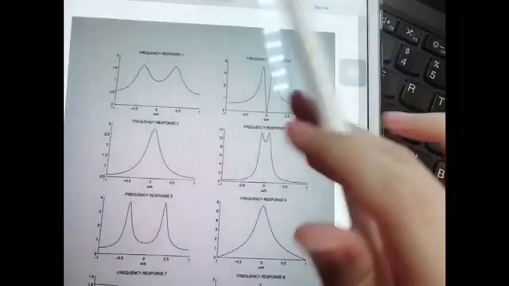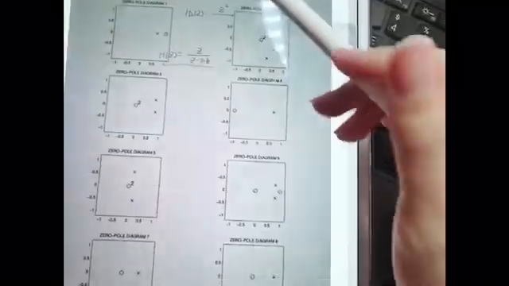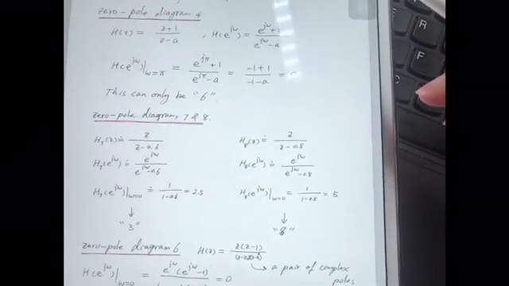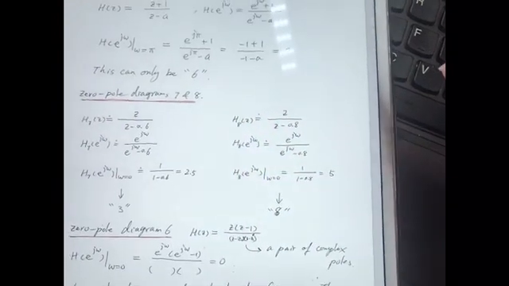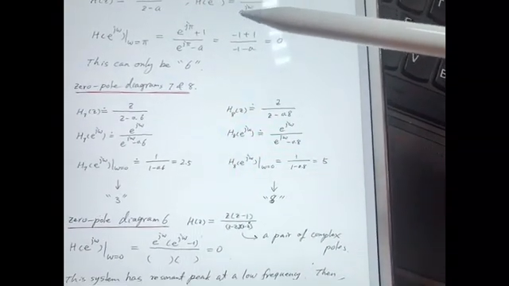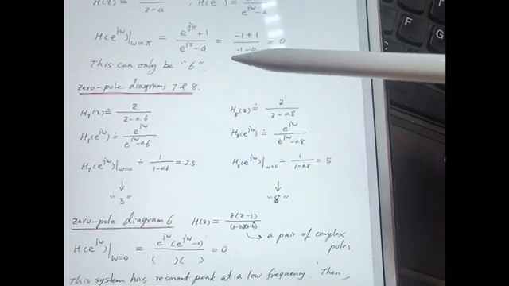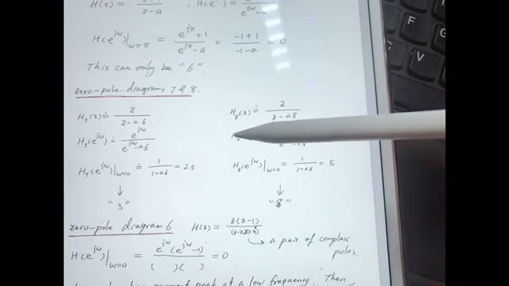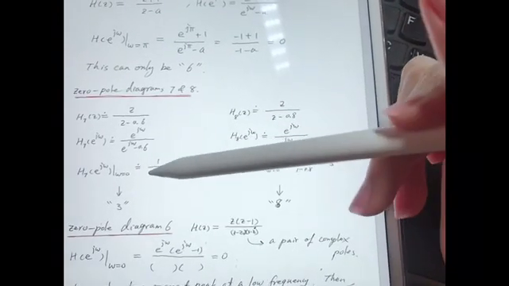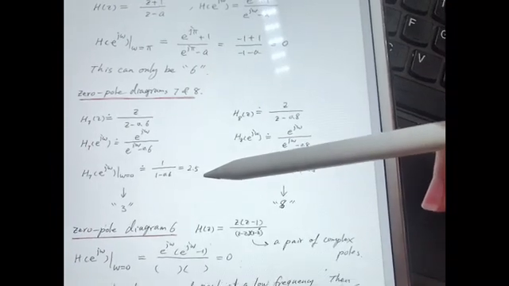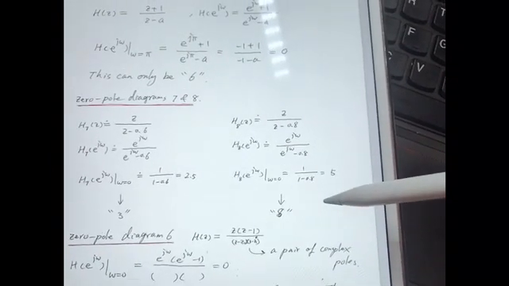Now let's first come to 7 and 8. Approximately we can write H(z) as these two expressions, and also we choose the special point when ω equals 0. One will equal about 2.5 and another about 5.